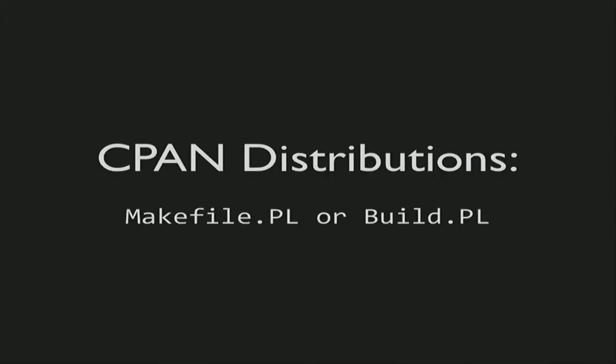So how do you declare CPAN dependencies? If you have made a CPAN distribution, it has to contain either a Makefile.PL or Build.PL. It's a Perl script to declare dependencies in your code using something like MakeMaker or Module::Build. It's fine for CPAN distributions, but it's often not the best tool to declare dependencies for your application.